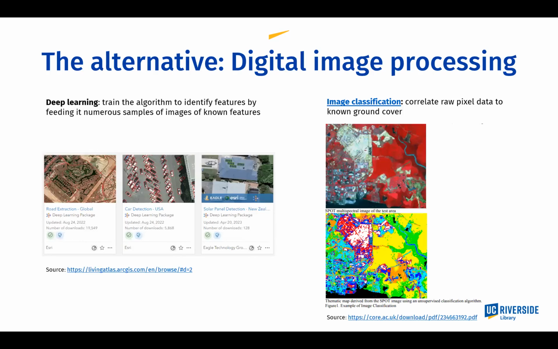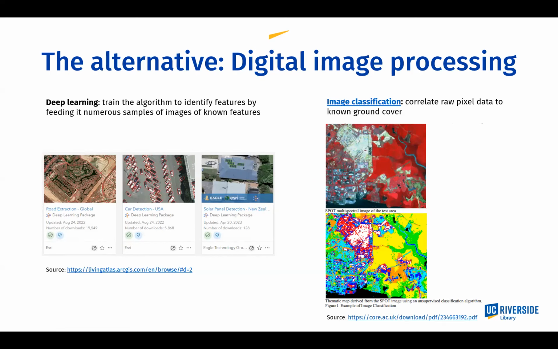So a lot of times people say we don't need photo interpreters anymore because machines can do the interpretation for us. And that is true up to a large extent. I just wanted to talk to you briefly about the two basic kinds of ways in which computers can do some of this work. The more modern one is on the left-hand side of your screen, the deep learning.